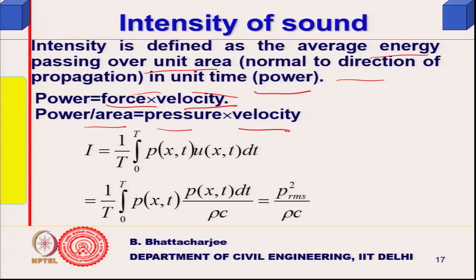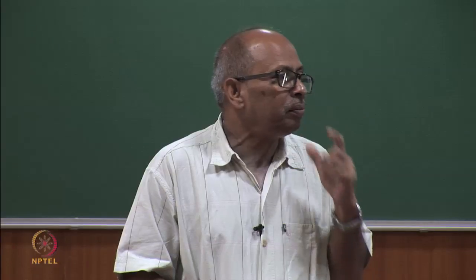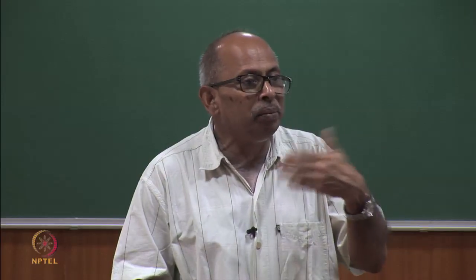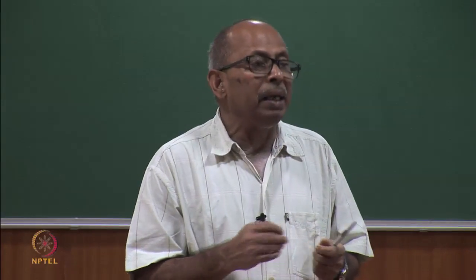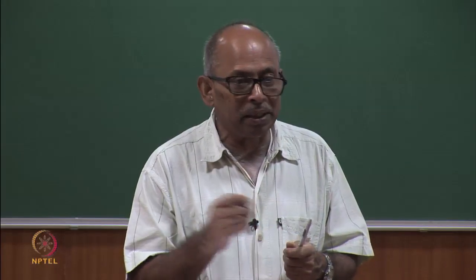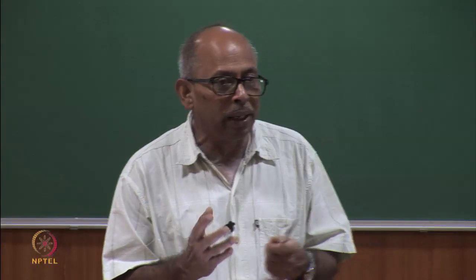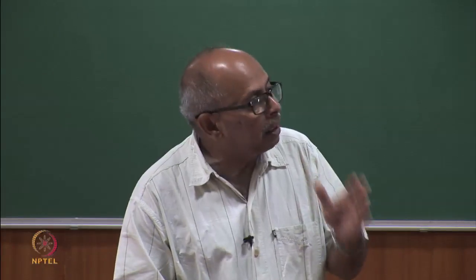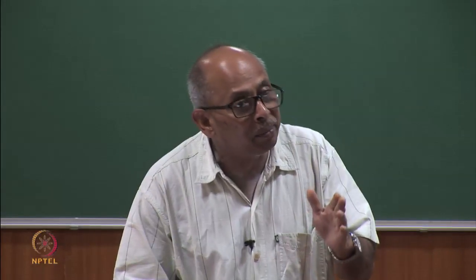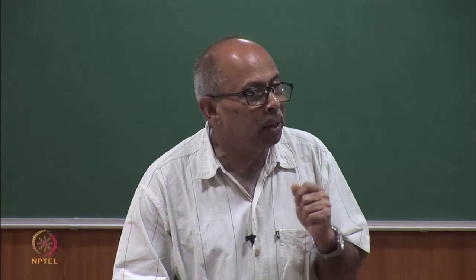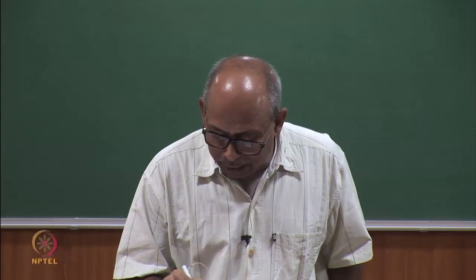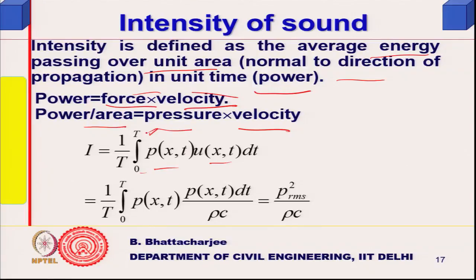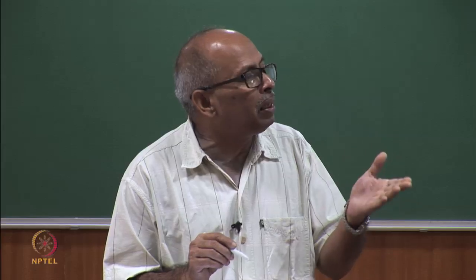Now, my pressure is varying with time. Therefore, when I am dealing with it, I can take instantaneous pressure, but that makes my life more complicated. I am really interested in energy coming per unit area per unit time. So, what I have got to do is integrate it over the period to get the average.